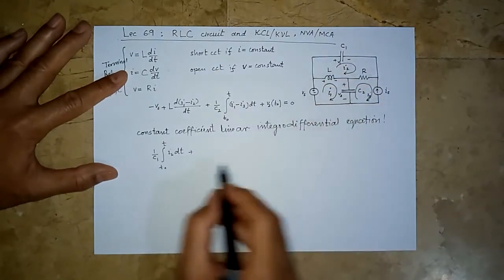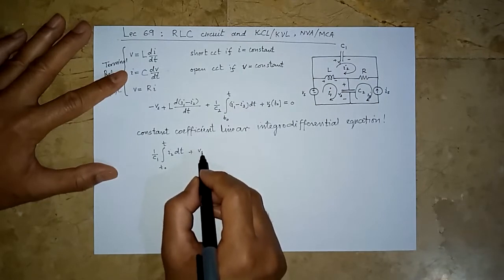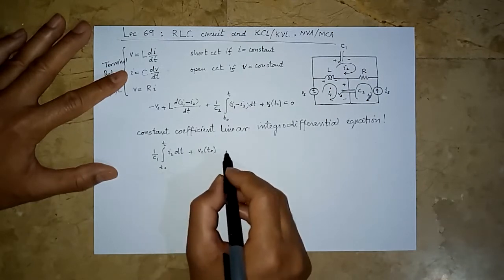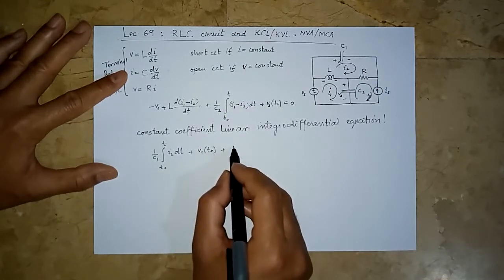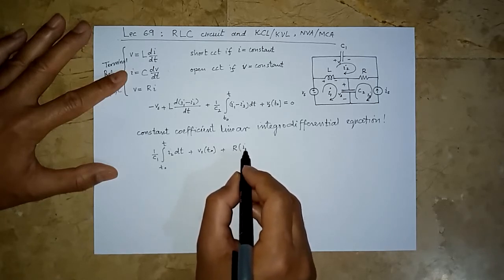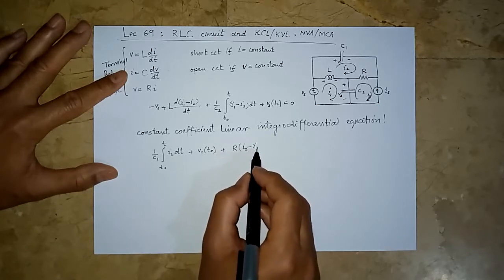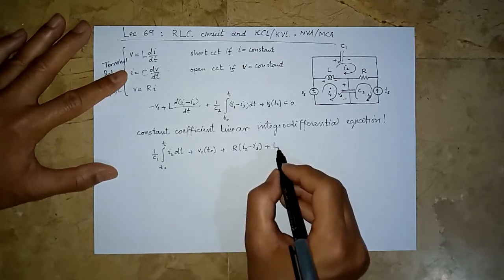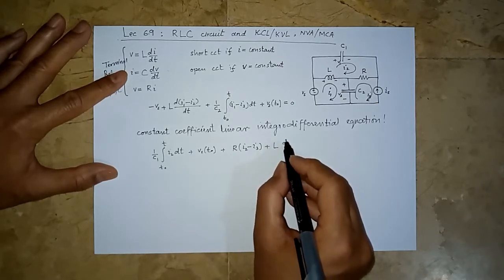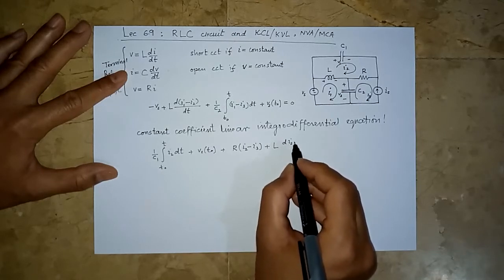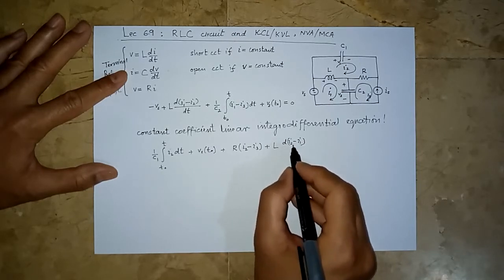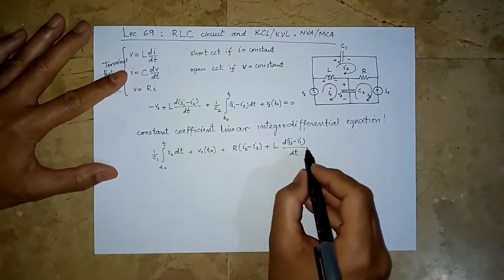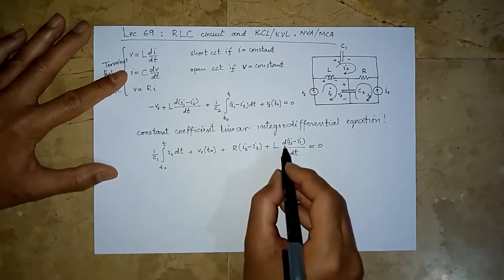Let us say it's V1, plus V1 at T naught, plus R into I2 minus I3. R is our old friend. Plus L d I2 minus I1 over dt equal to 0.